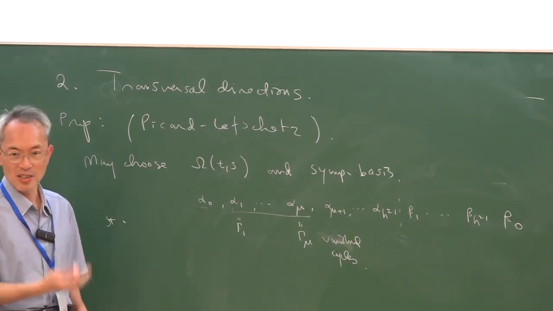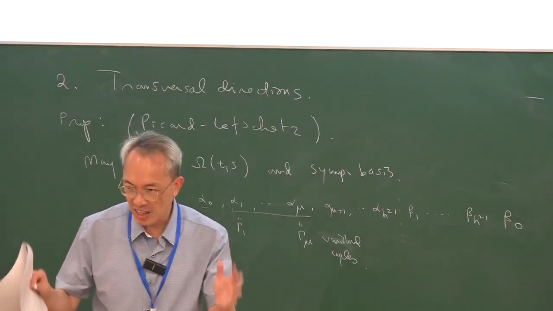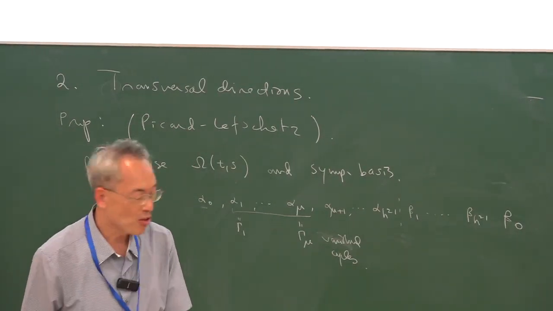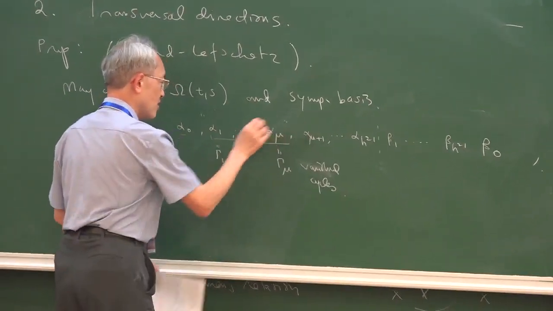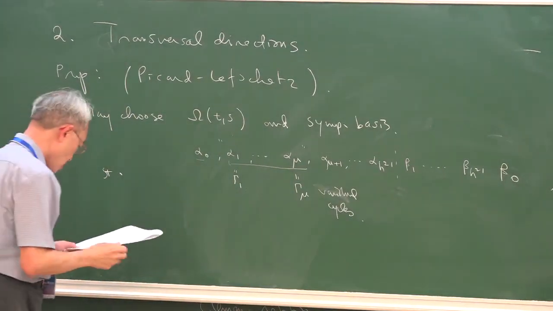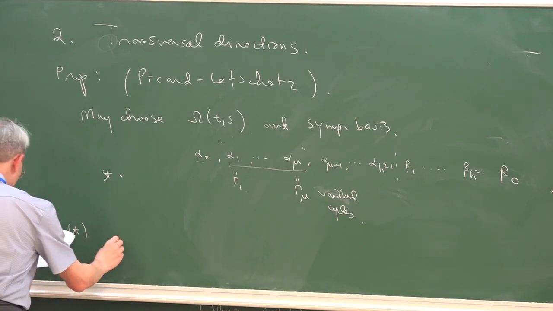And the basis of vanishing cycles, because we know you have actually total number of k divisors, but you only have mu independent ones. So let's put it up here, such that that's the most important form.